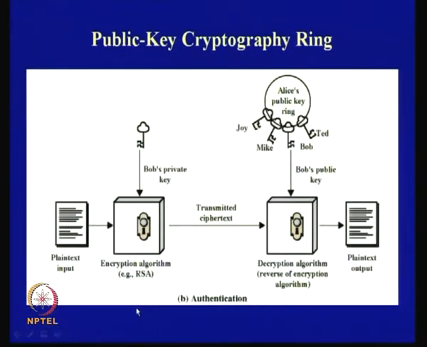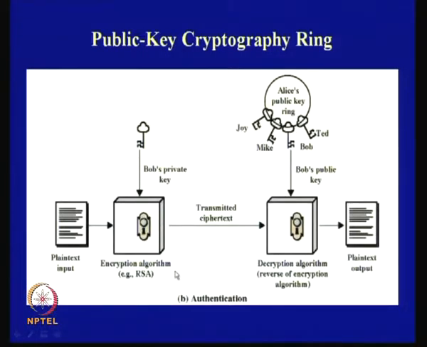When you are doing the authentication, then what you are basically doing is generating the signature. So, you take an input and you sign it by your own private key and you send it, and if the receiver is expecting the message from Bob, then it chooses the corresponding public key from the public key ring and decrypts it and obtains a plain text message.